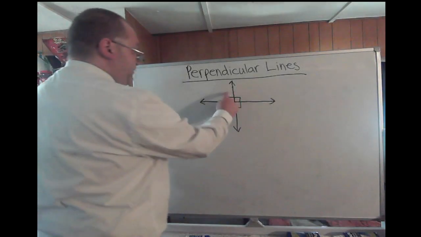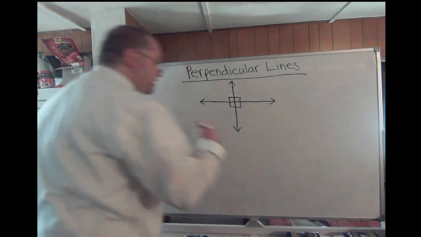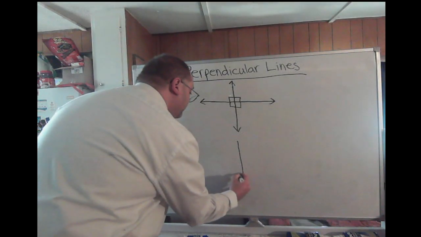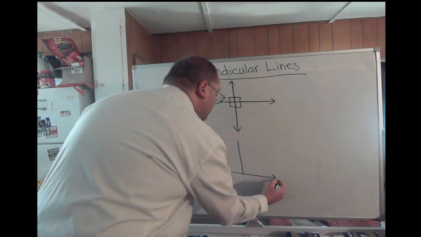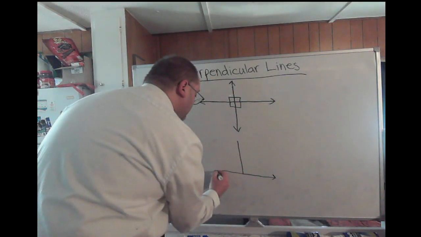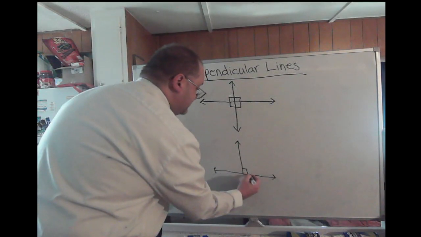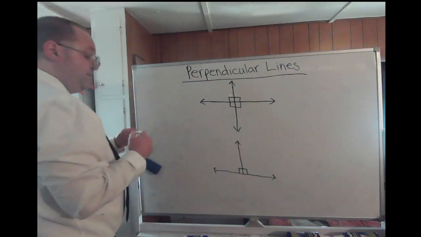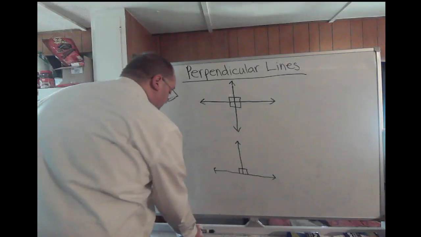So here we have 4 right angles. You can also have perpendicular lines if you have something like this. You could also have perpendicular lines as long as the lines intersect in such a way that they form right angles. They are perpendicular lines.